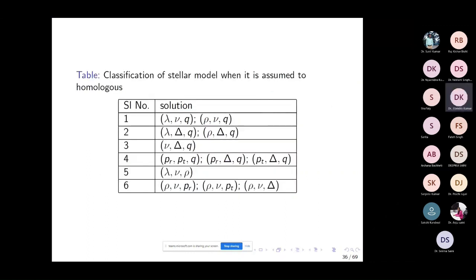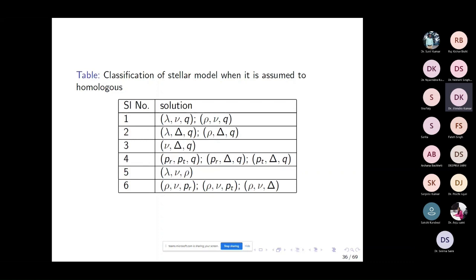First, we can assume lambda, nu and q, or density, nu and q. Second, we can assume lambda, delta and q, or density, delta and q. We can assume these functions accordingly, because we know the behavior of these: lambda and nu must be positive and increasing.